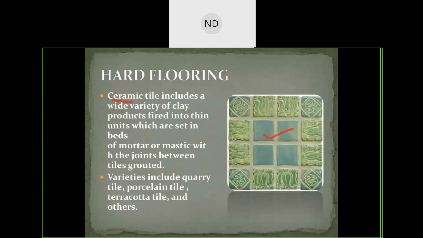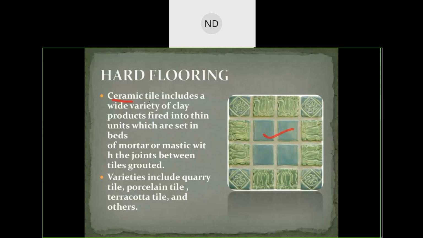Ceramic tiles are made up of clay or mud, sometimes mixed with different materials, and then they are burned, and they become hard when burned at a high temperature. Then they can be used in the form of ceramic tiles, fired into thin units which are set in beds of mortar or mastic.